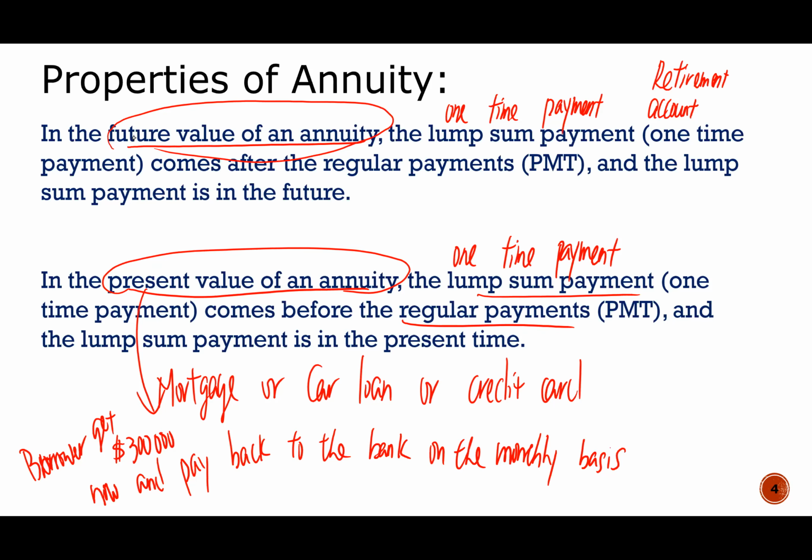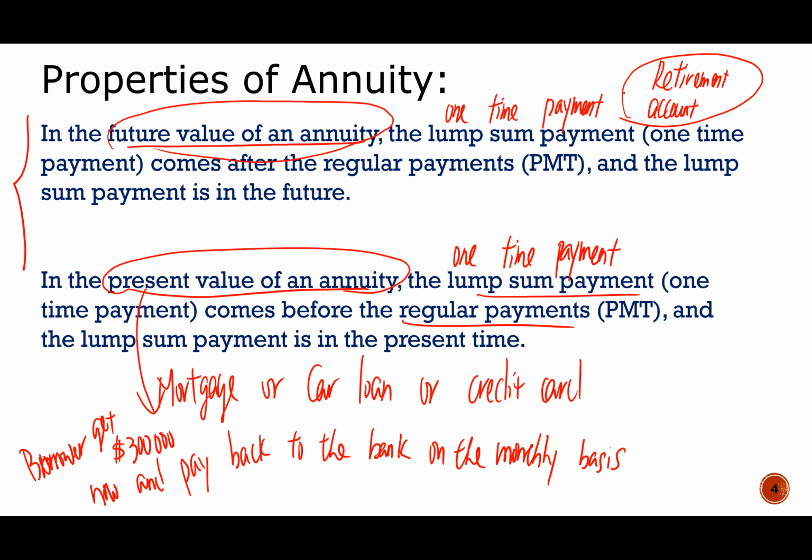So in your retirement account, once you keep contributing on a monthly basis, eventually when you retire, hopefully you see a big balance, let's say $800,000 or $1 million in your retirement account. And that lump sum payment comes in the future, meaning you will see that big balance in the future. So that's what we call the future value of annuity. So those two are major categories.